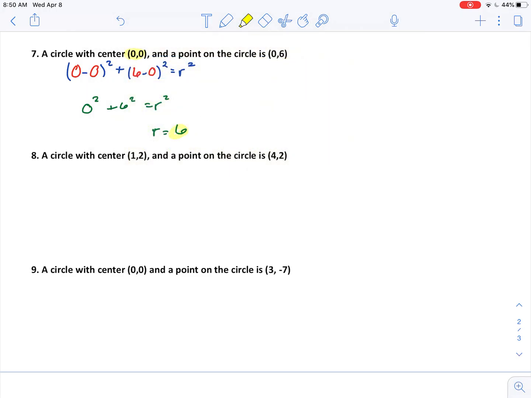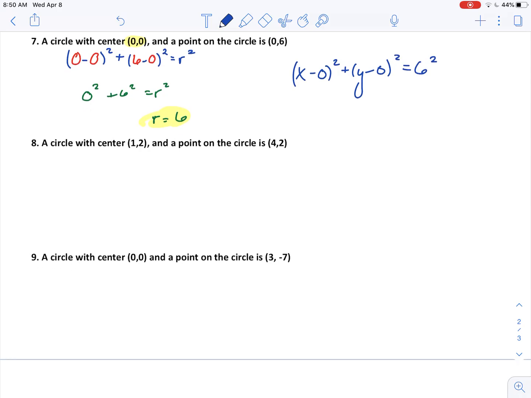And then we could simplify 6 squared is r squared, or r is 6. And once we've done that, we're going to focus on our center and our radius, and we'll say x minus 0 squared plus y minus 0 squared equals 6 squared.